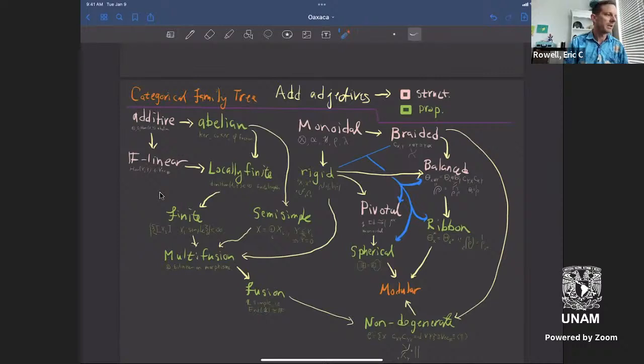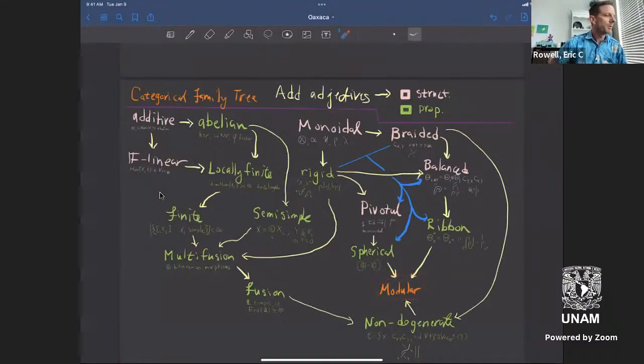That's an actual structure. But then we require it to be abelian, for example, and then locally finite. All of these things have some important meaning. We actually require that the category have the structure of a linear category, meaning that the Hom spaces are actually vector spaces. And then we keep building this up until we reach modular.